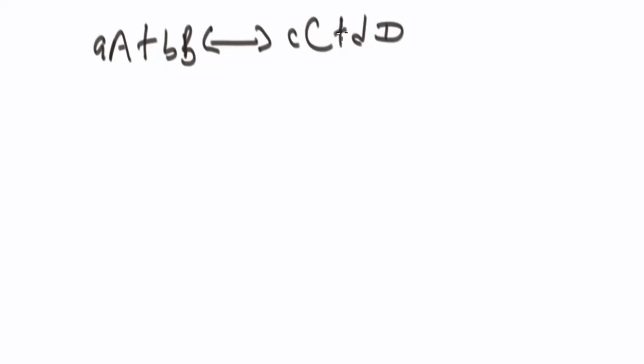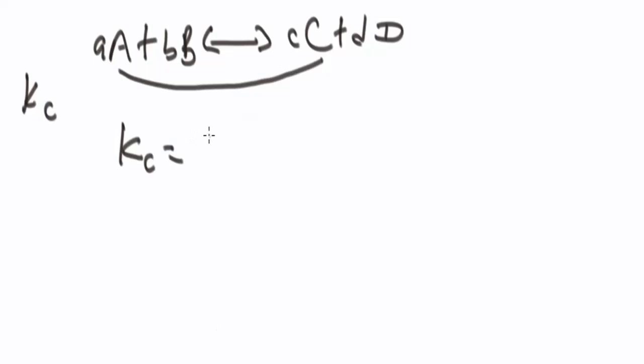Now, the equilibrium constant expression Kc is expressed in terms of the law of mass action. If you want to express the equilibrium constant of this reaction, we apply the law of mass action, and it will be Kc equals the ratio of the products raised to their coefficients to the reactants raised to their coefficients.